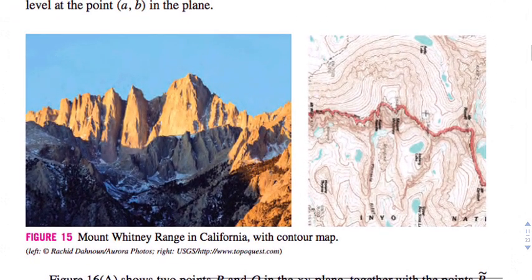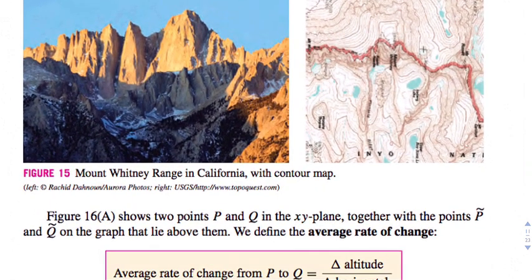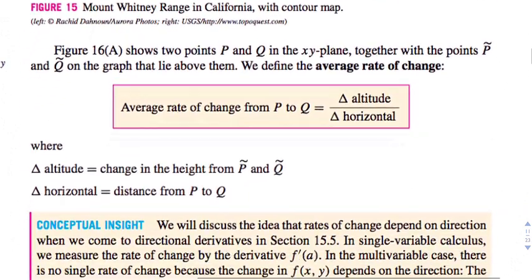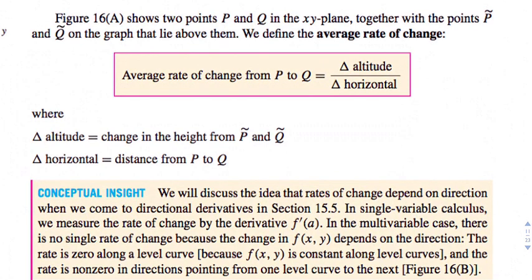So we want to calculate the height or the steepness quantitatively. In calculus, when we talk about the steepness between two points, one point and a second point, we're talking about slope or average rate of change.